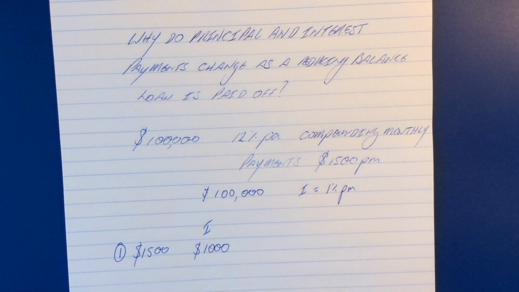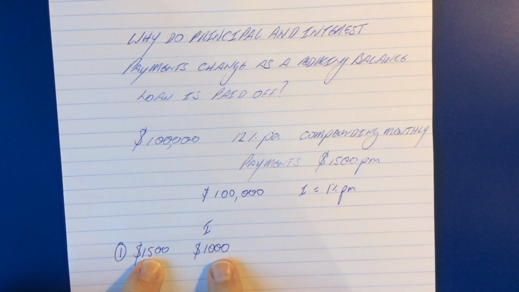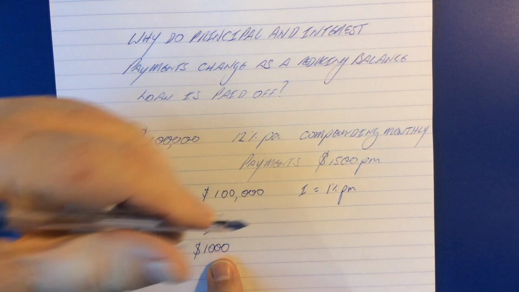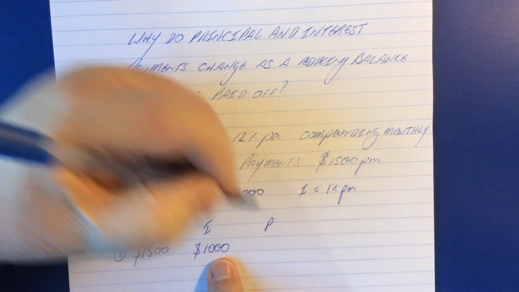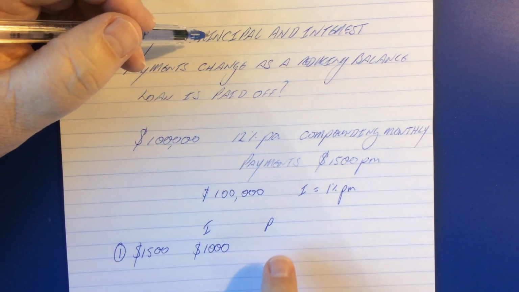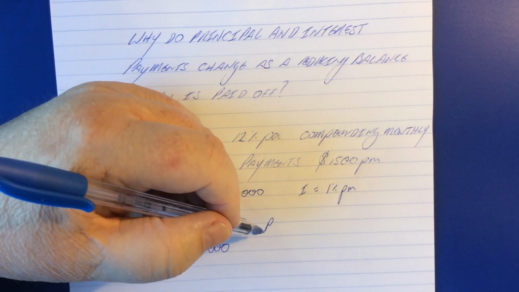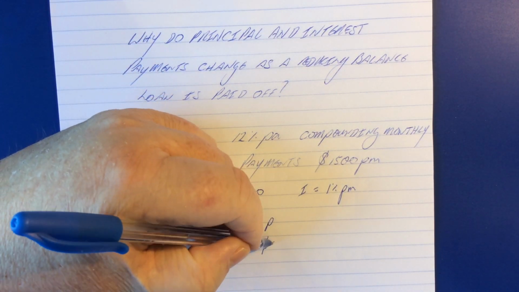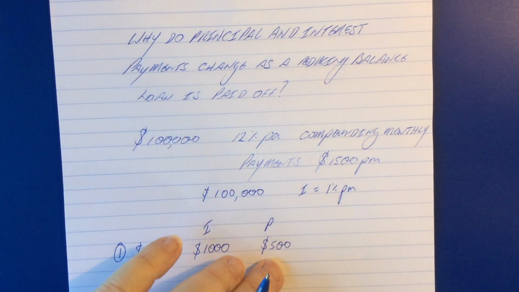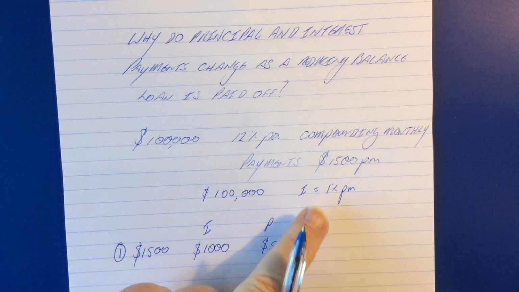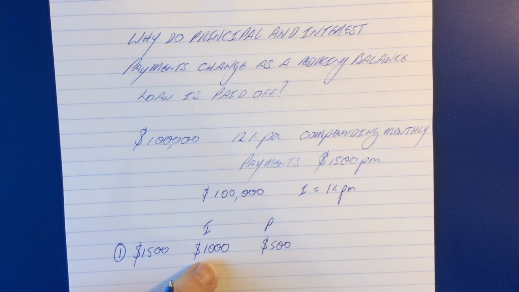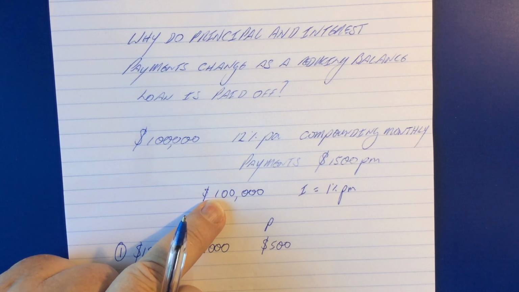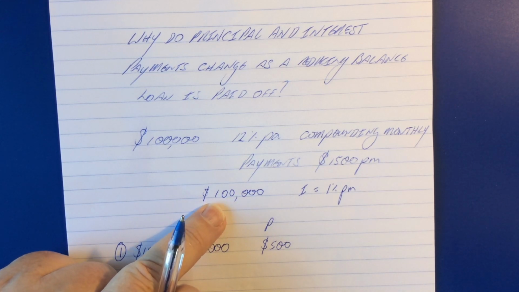So their interest bill is $1,000. Now what that does is it gives us a difference. And that difference we're going to call the principal payment. And that is $500. Now what does that mean? It means that they paid $1,500, they had an interest bill of $1,000, that left $500, which means that this loan has been paid down by $500.